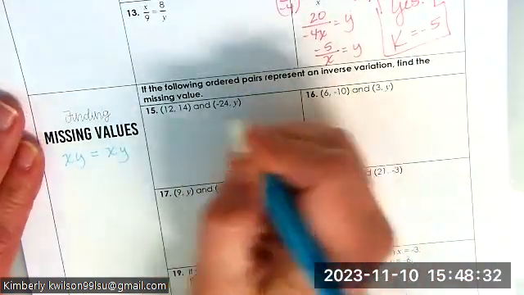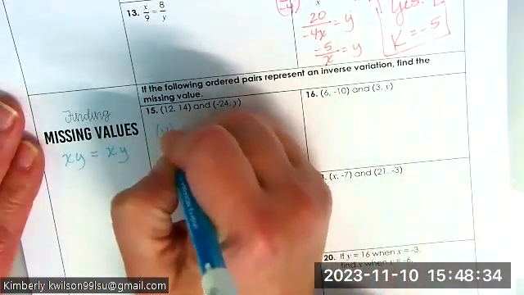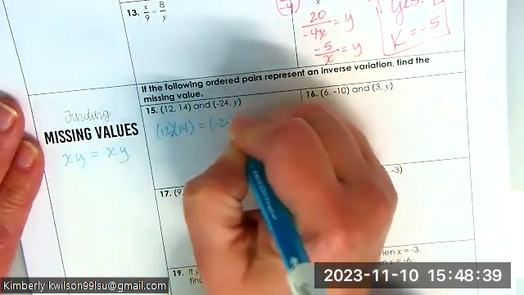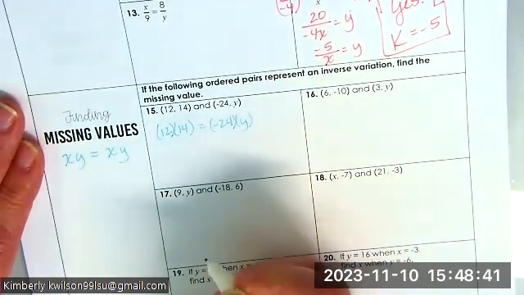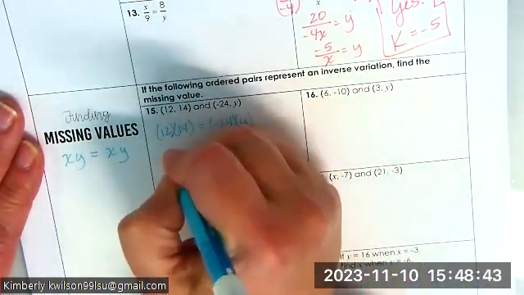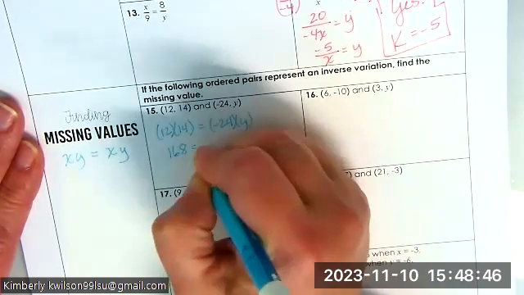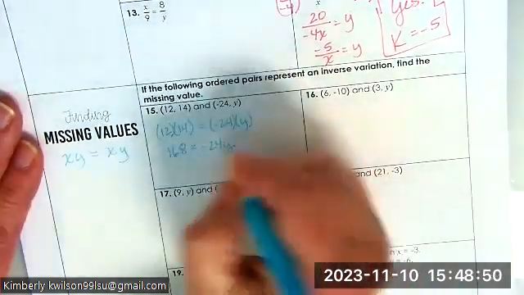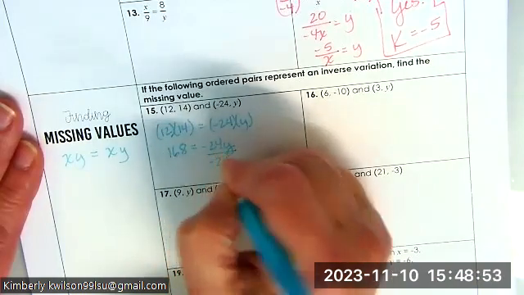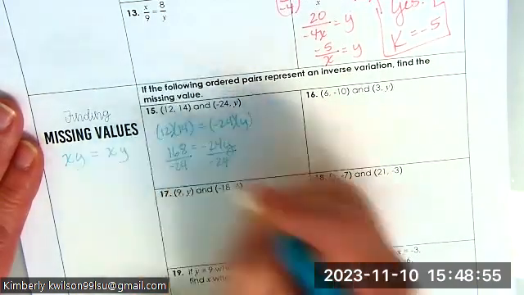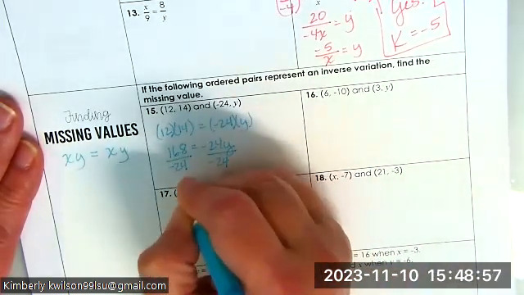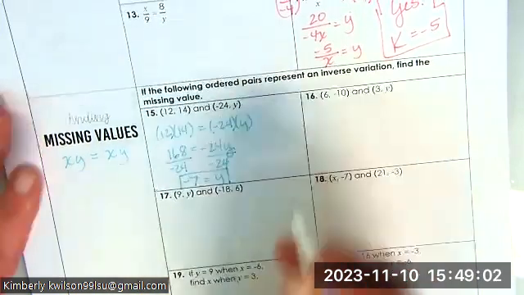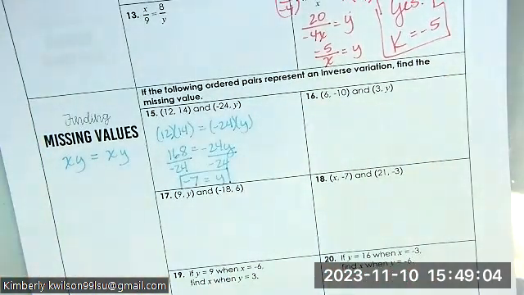So we had the ordered pairs, so I'm going to be doing 12 times 14 equals -24 times y, which 12 times 14, that's 168, equals -24y. I solve my equation. So I'm going to divide by -24 on both sides, and we get that -7 equals y. We're just solving the equation.